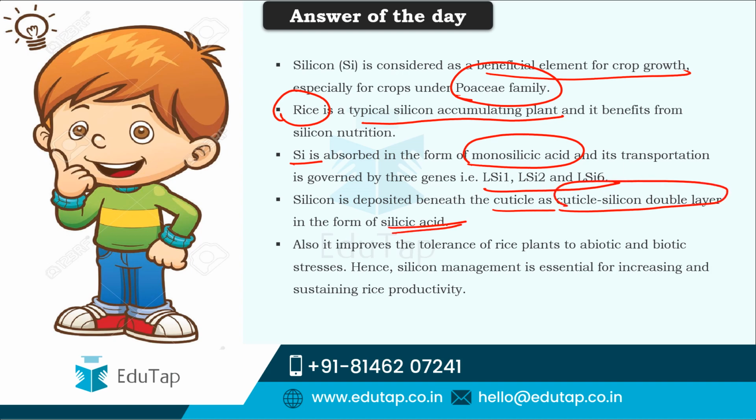As you can see, there is rough texture of rice leaves. And how does it help? It improves the tolerance of rice plant to abiotic and biotic stresses. Hence, silicon management is essential for increasing and sustaining rice productivity. So if there is any deficiency of silicon in the soils, definitely the farmer has to apply silicon.